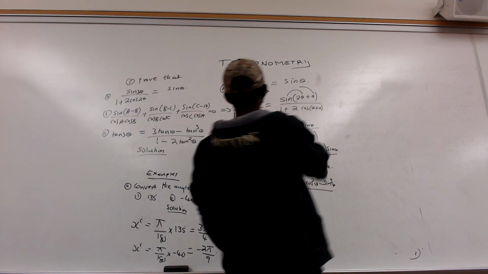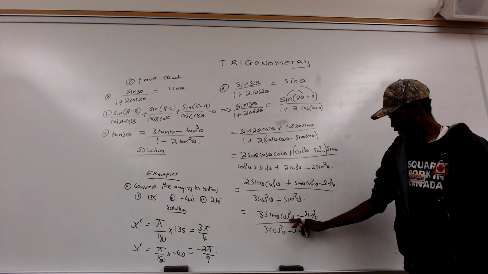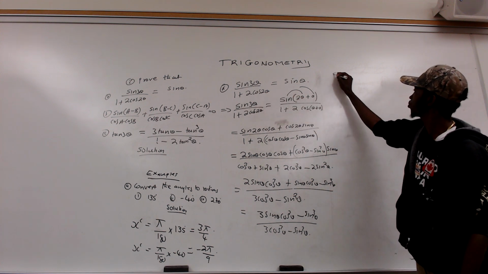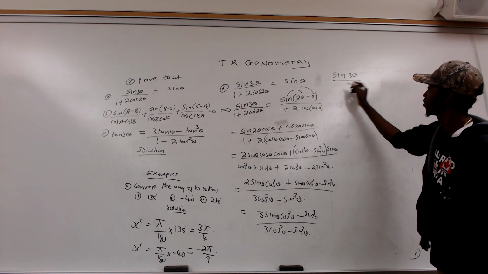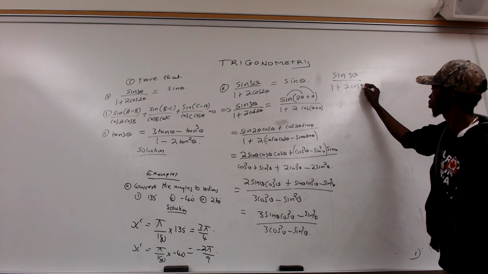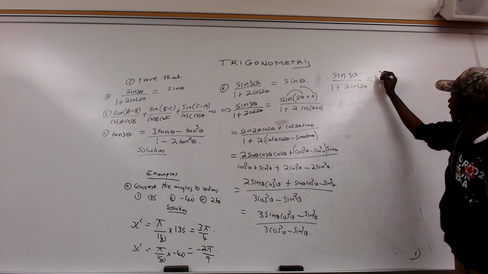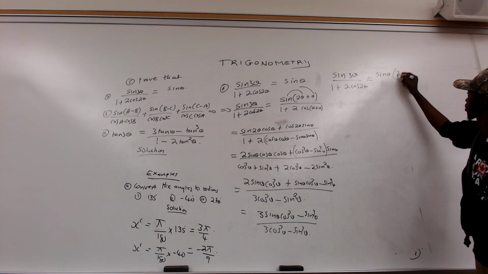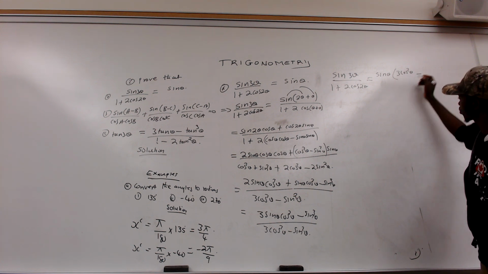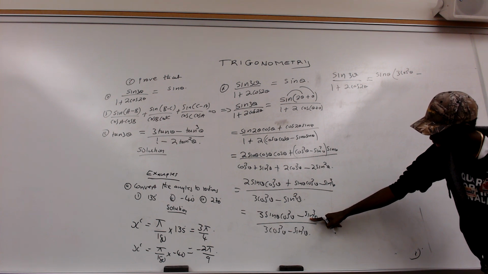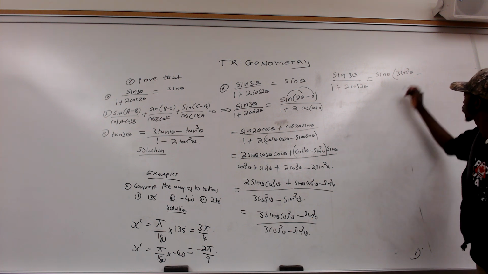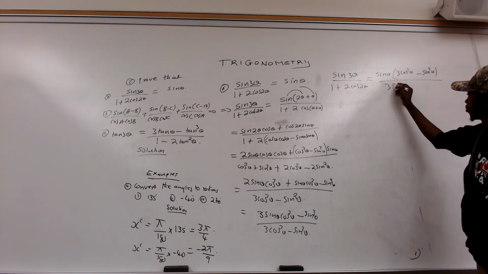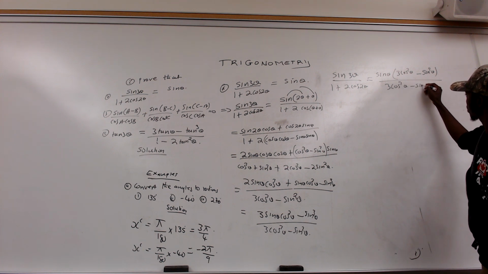If we look at them, here cos square theta, I think sine is common. We can factorize sine. So if we factorize sine, this expression, which is sine 3 theta divided by 1 plus 2 cos 2 theta, will be sine theta into, if sine is removed, going to remain 3 cos square theta minus, when 1 is removed, it's going to remain 2, which is sine square theta, divided by, and we rewrite the denominator, which is 3 cos square theta minus sine square theta.